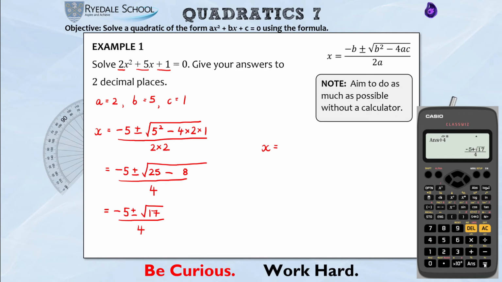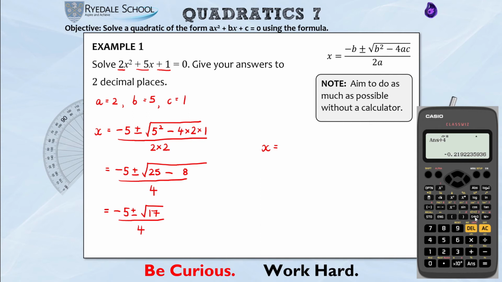Now you will see the mode that I've got my calculator in is leaving it like this. And I don't particularly like that. Your calculator might be in the mode where it gives your answers as a decimal. And that's what I prefer because I'm doing this to 2 decimal places. However, if your calculator is in this mode, if I press the S to D button, it now gives me the answer as a decimal.